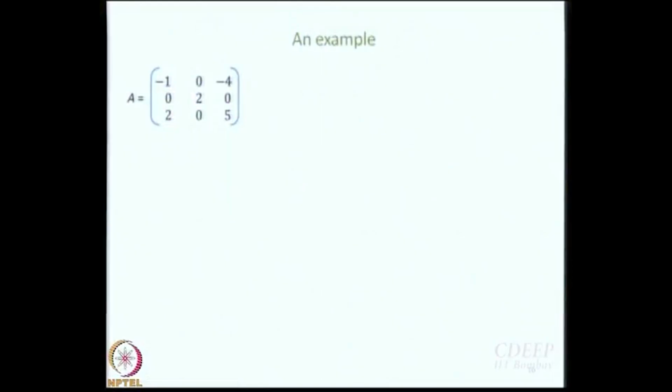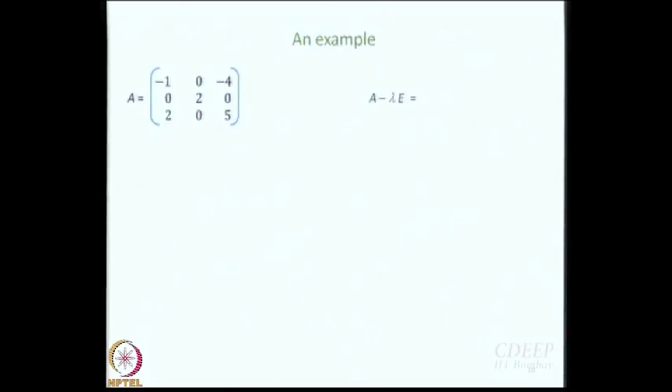Now, let us work out this example. It is given in Bishop's book. This is your matrix, and we will work out another more interesting example after this. This is A. So, what is the first step? What do I want to do?